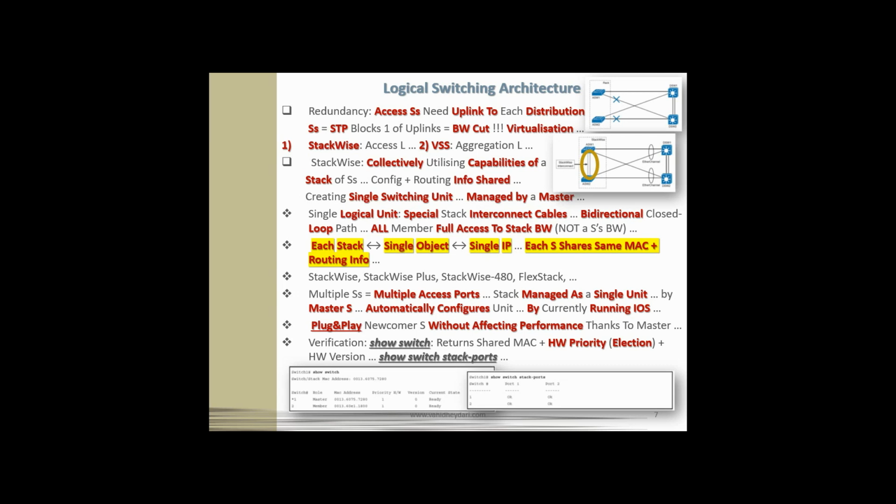All can be verified, and also the current state is verifiable thanks to the show switch command. Remember, hardware priority is used in stack master election.